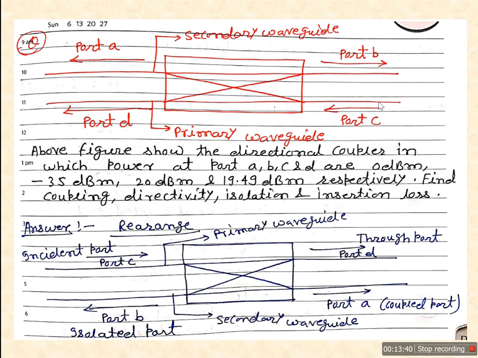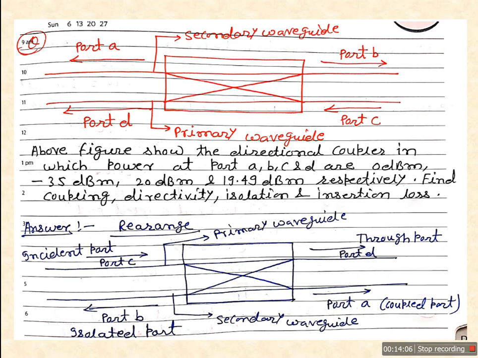Now think, the direction is changed, so you are damn sure that out of the 2, one is definitely the input port. Then identify whether port B or port C is the input port. Which one is the input port?